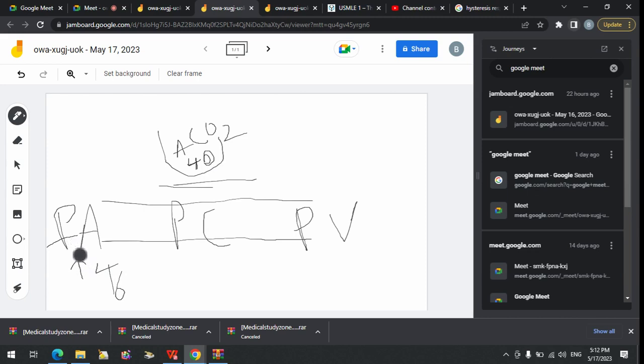So look at this PA. PA is the end that contains a high amount of CO2. Do you get? So let's just assume that the CO2 level there is 46. Now, the one in the alveoli is 40. That's the normal PACO2.